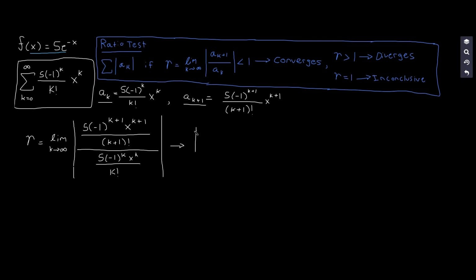At least I hope I know what's going to happen. 5 times negative 1 raised to the power of k plus 1 times x raised to the power of k plus 1 over k plus 1 factorial times k factorial over 5 times negative 1 raised to the power of k, that's a negative, raised to the power of k times x raised to the power of k.